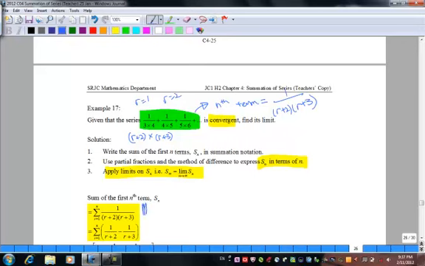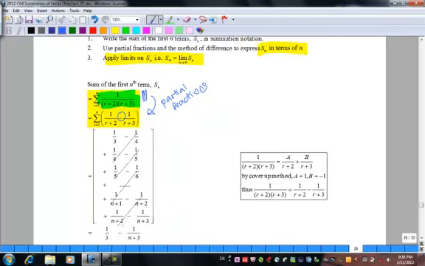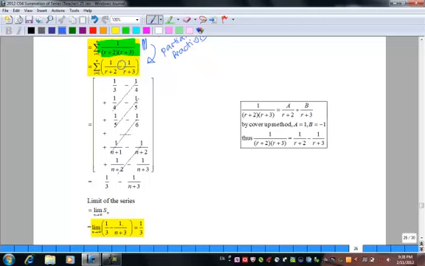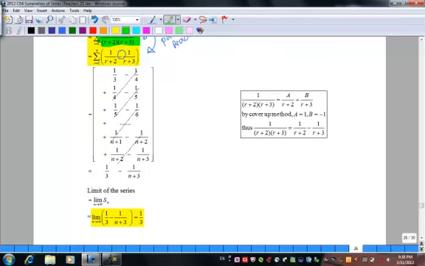Now recall that when I have something like this, okay, with two denominators that are quite close, it always helps to do partial fractions. Okay, and when I see a negative sign with two similar terms, by now all of you should be familiar, we are going to be using method of difference. Hence, my sum to n terms is of this form.